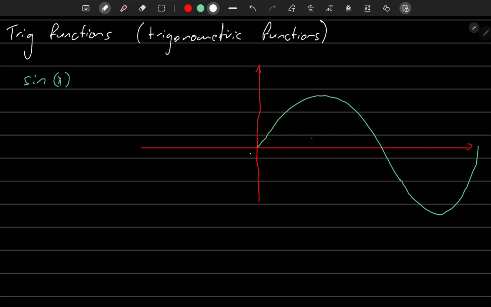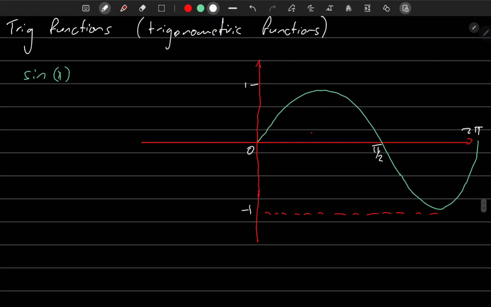So this is going from 0, this is at pi over 2 to 2 pi, and it goes up to 1, and it goes down to -1. So this point here happens to be -1.